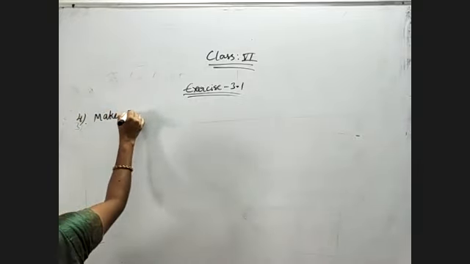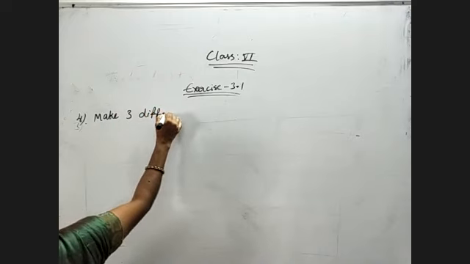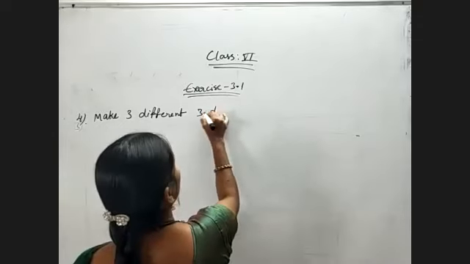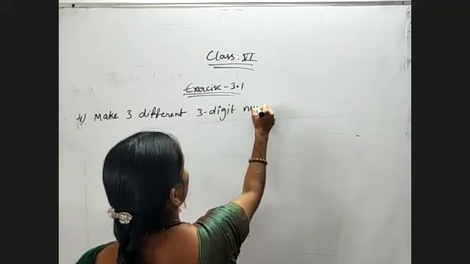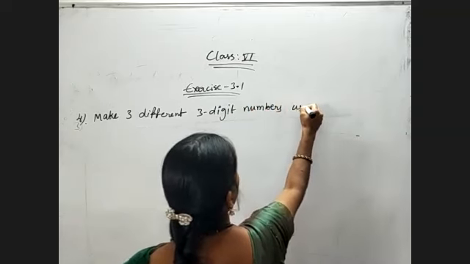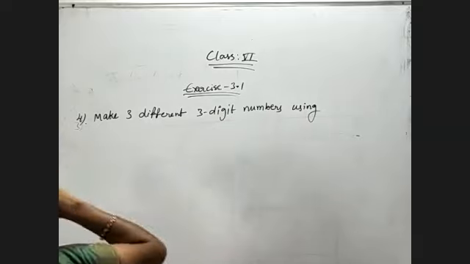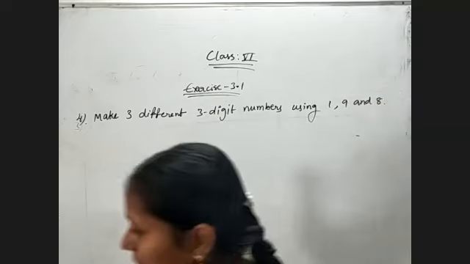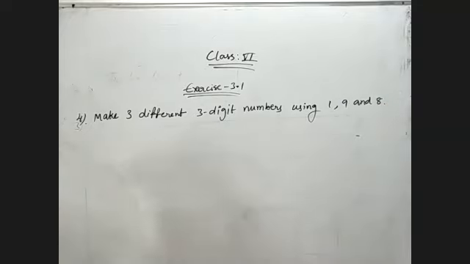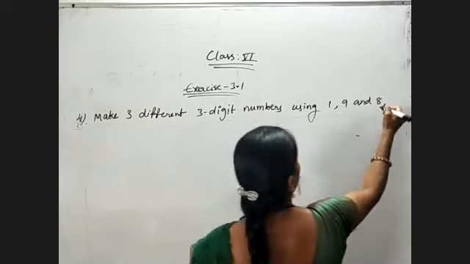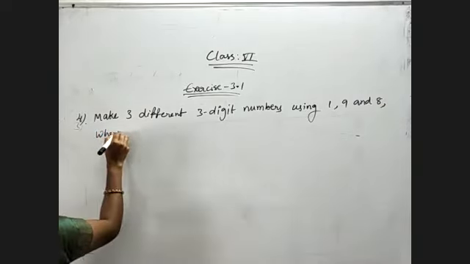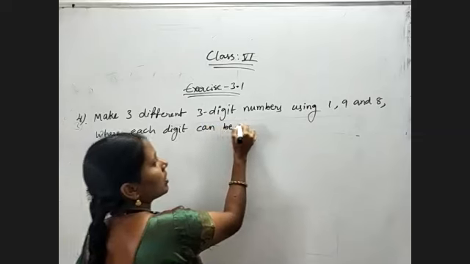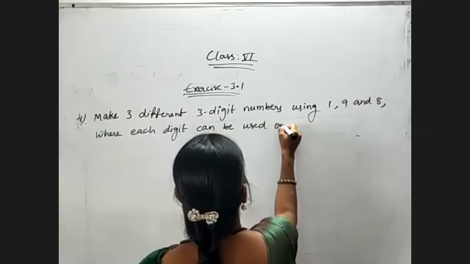Make 3 different 3-digit numbers using 198, where each digit can be used only once.